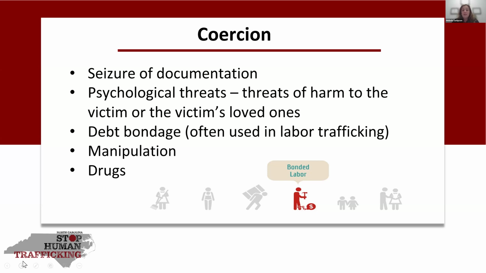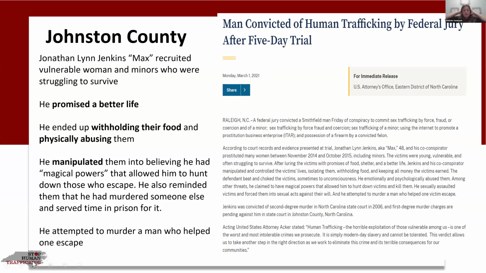Then we have psychological threats or threats of harm to the victim or the victim's loved ones, debt bondage, which is often used in labor trafficking, but it can be in sex trafficking cases too, manipulation, and drugs. And we are going to look at both manipulation and drugs in the case studies. The first highlights the manipulation a trafficker can have over victims.